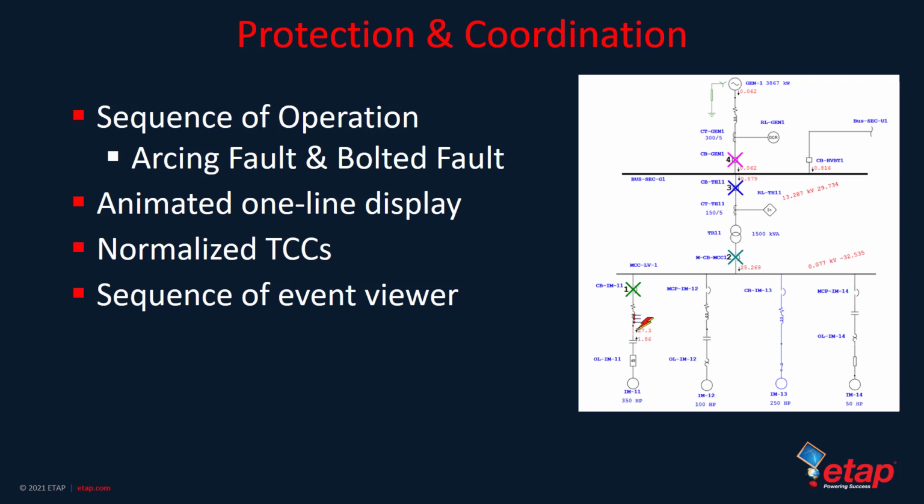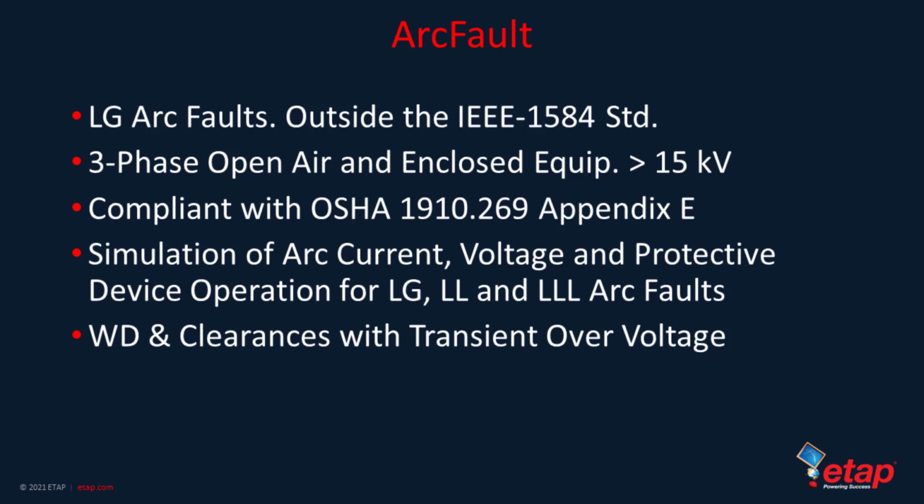You could place the sequence of operation indicator, that little lightning bolt, and ETAP would provide graphically the sequence of events. Here we see a fault, the first device to trip, then it will show the second device to trip, and in the rare event that those two devices were to fail, you could see the sequence of events.